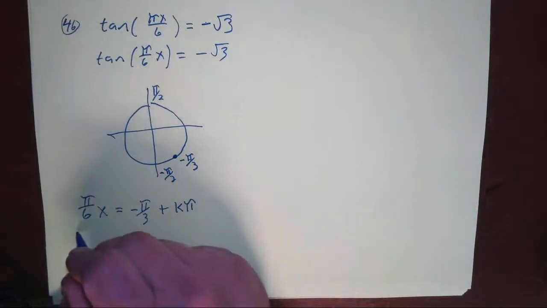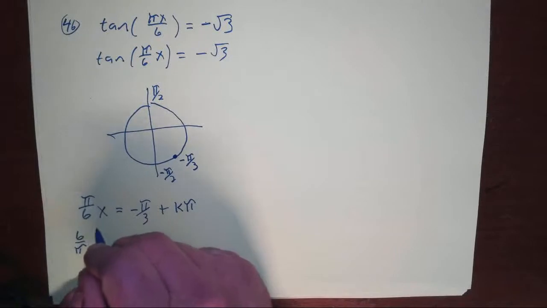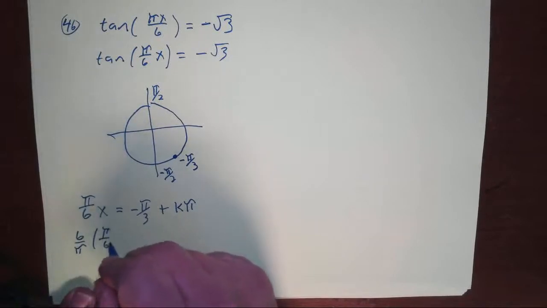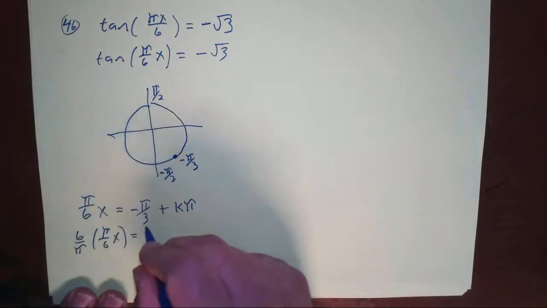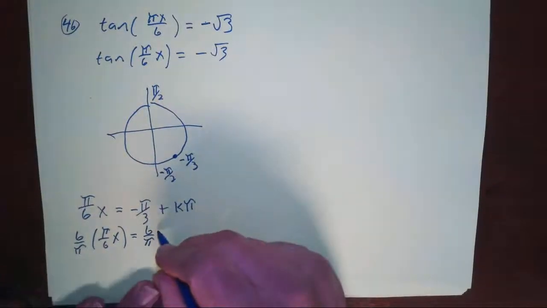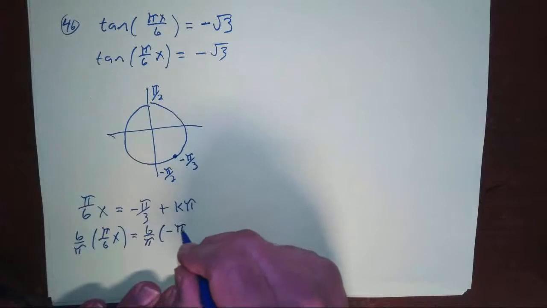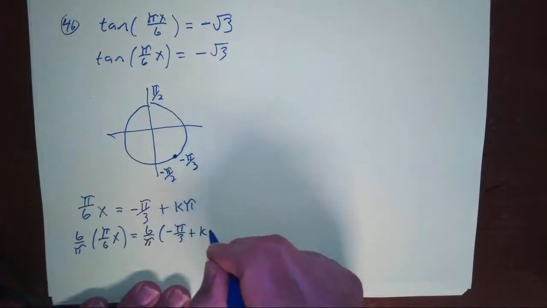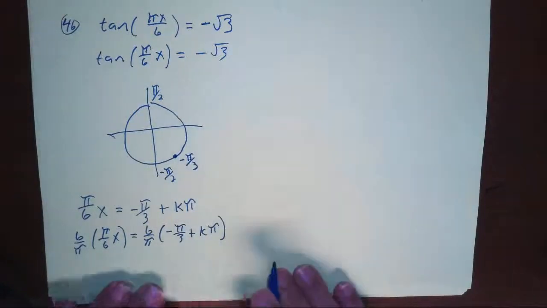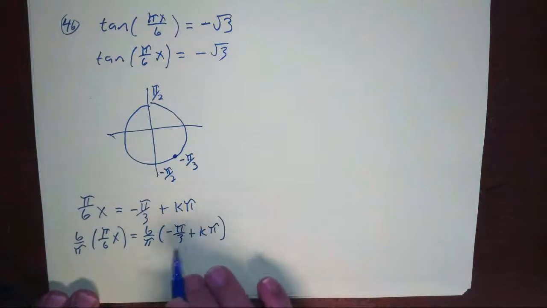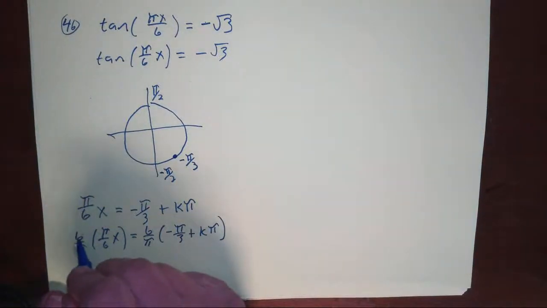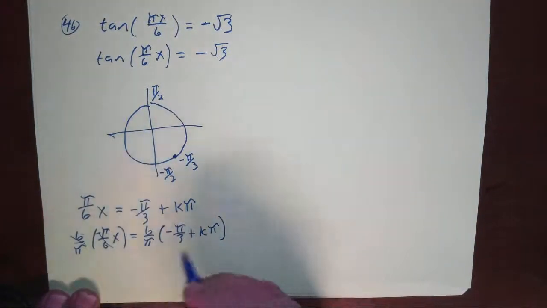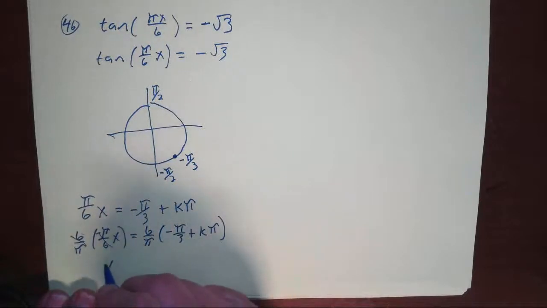I'll just rewrite it like this. I'm going to multiply both sides of my equation by the reciprocal of this radian. Like that. Now I'm going to distribute this over here. This will cancel this out, and then I get just x.